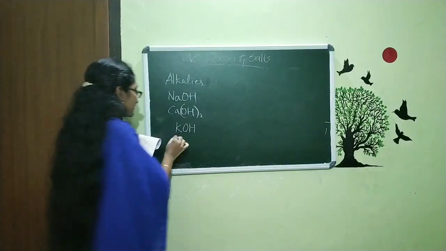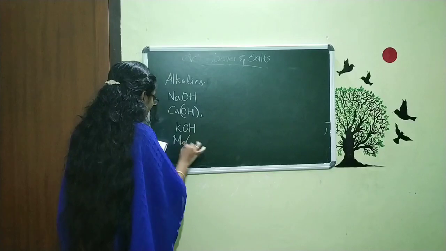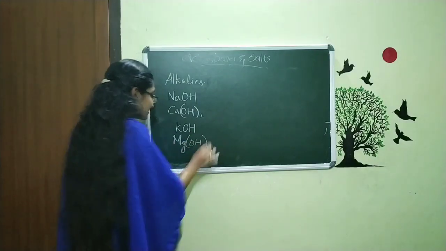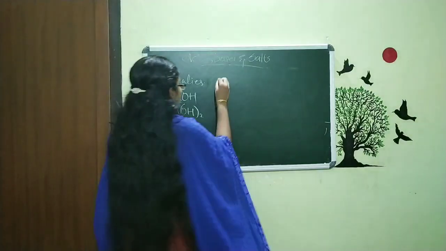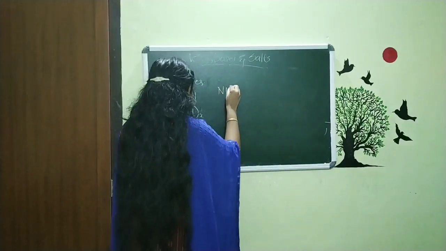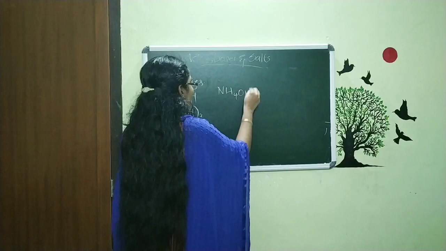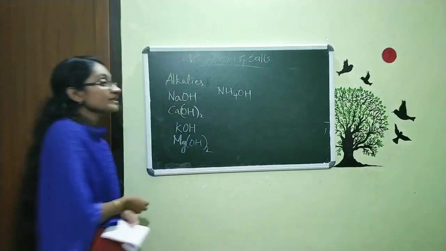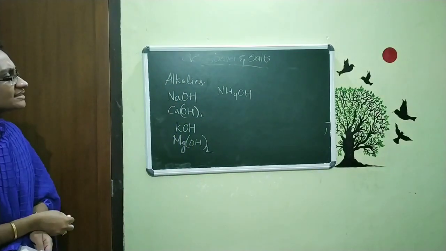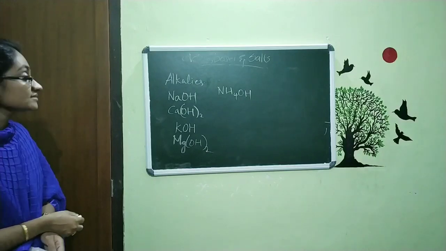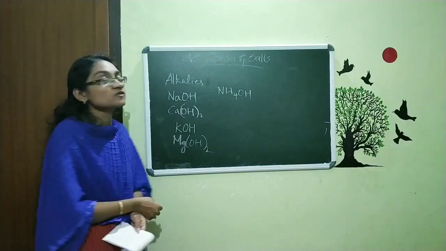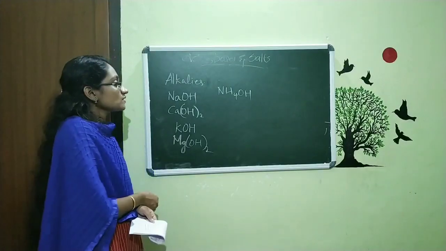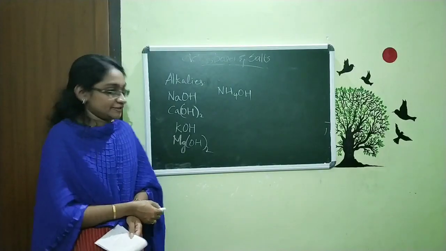And the next one is Mg(OH)2, that is magnesium hydroxide. And also NH4OH, ammonium hydroxide. These are the names we already studied in the first class of this chapter. So these are all examples of alkali. That means these are all soluble in water.